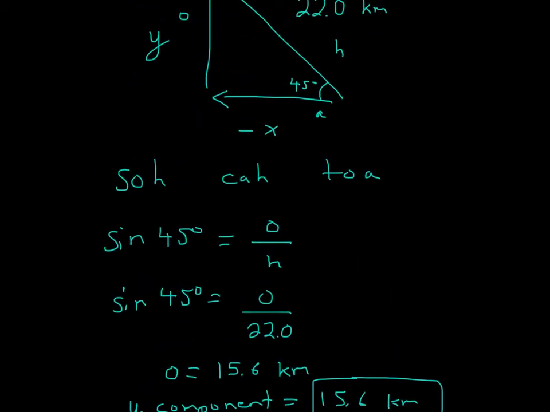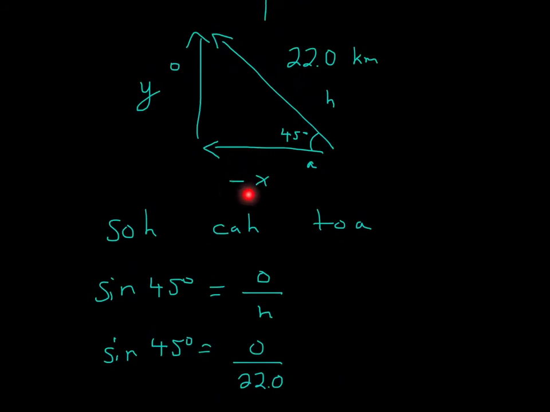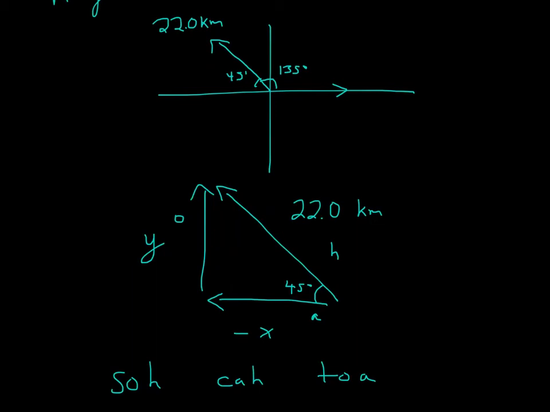Next, let's find the x component. There are two ways of doing this, and I'll show you the first one. So you don't forget, since the x component is on this side, it's going to be negative, because on this side it's negative 1, negative 2, negative 3, and so forth. So it's going to be negative x.